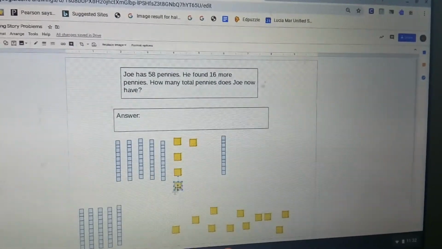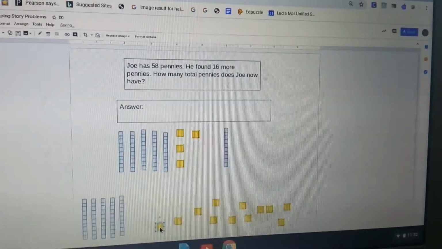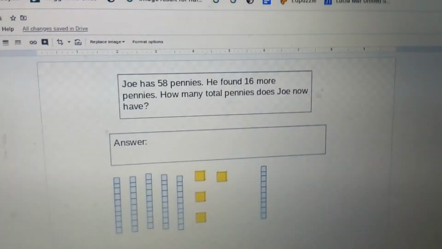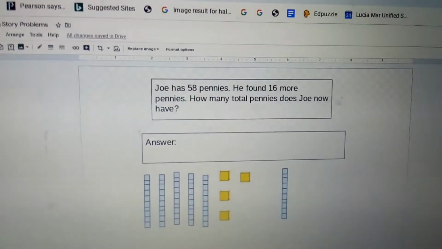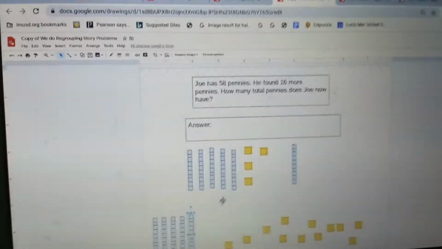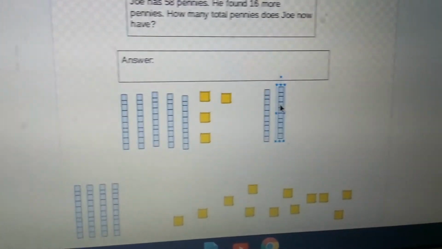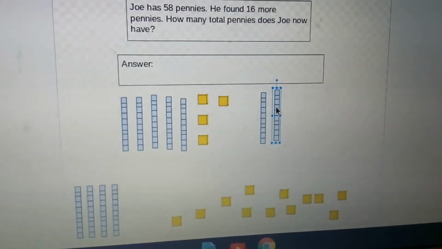Let me grab that 10. Perfect. So now, looking at what we have left, whoops, we're not quite done because guess what? Teacher needs to grab a 10s stick. So now, looking at what we have left, I want you to type, what is our sum or our answer?